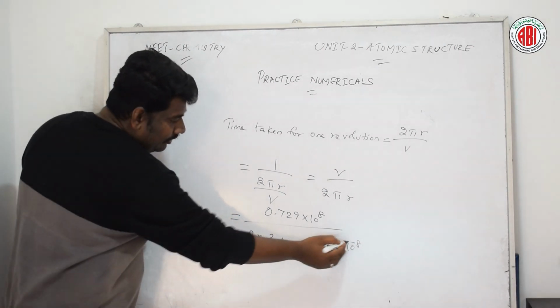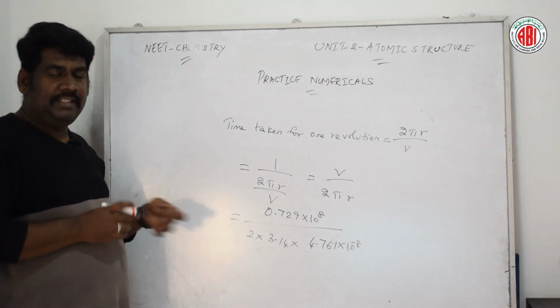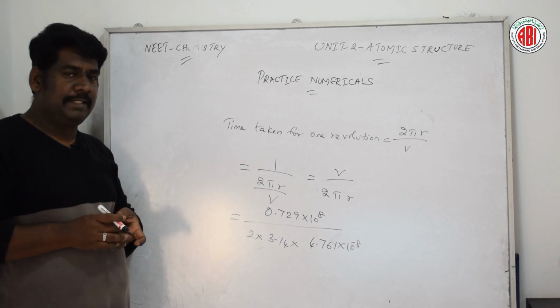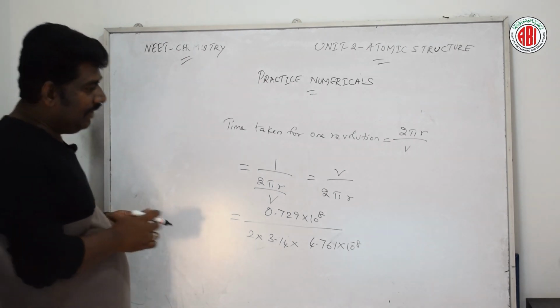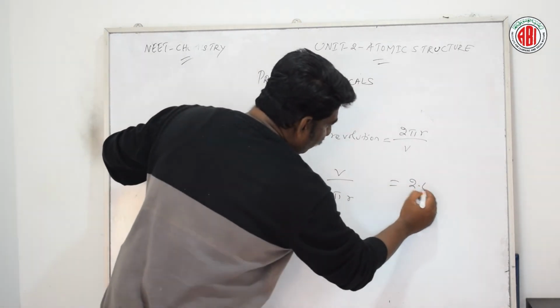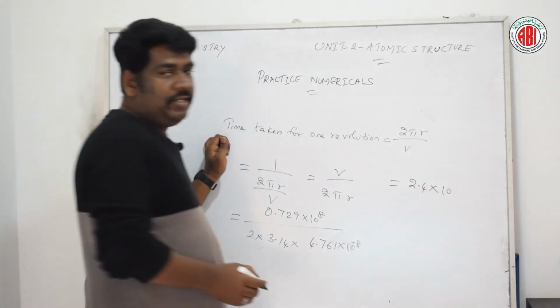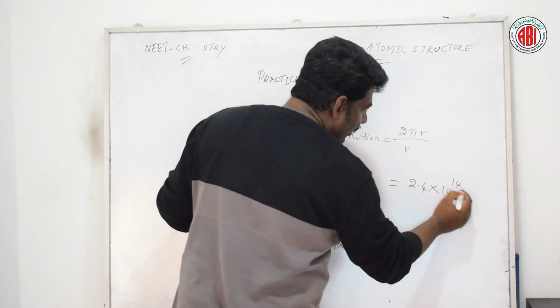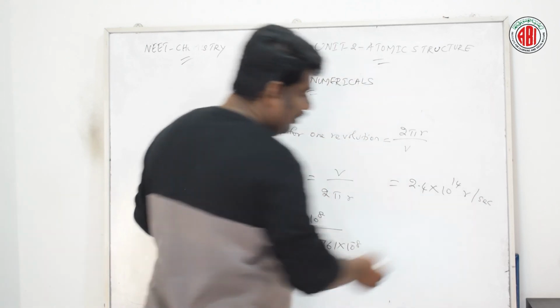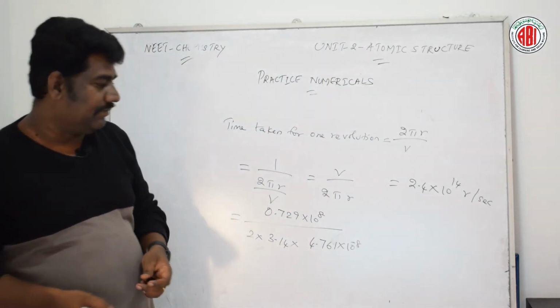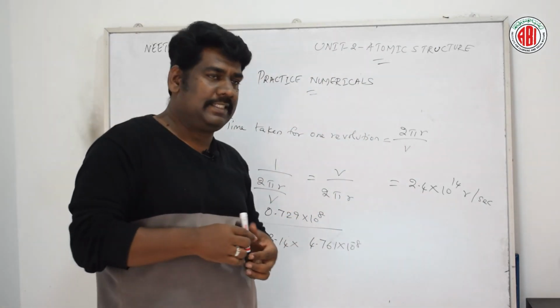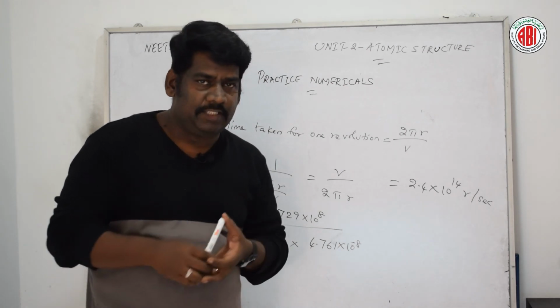Simplifying this, we will get 2.4 into 10 to the power of 14 revolutions per second. So this is the number of revolutions per second. By this way we can solve this problem.